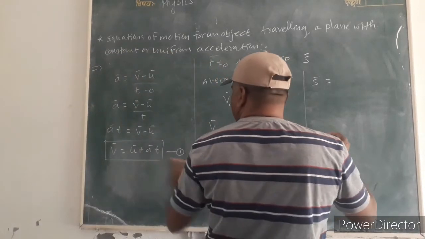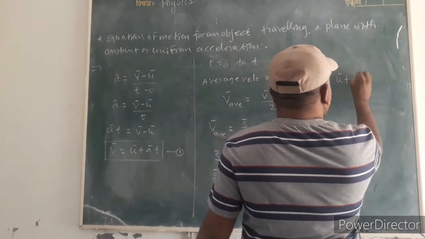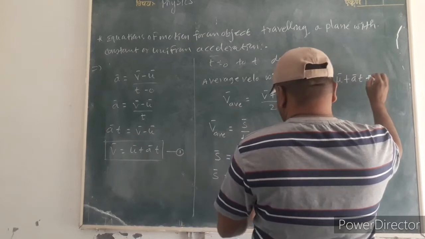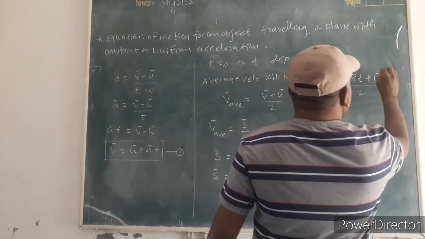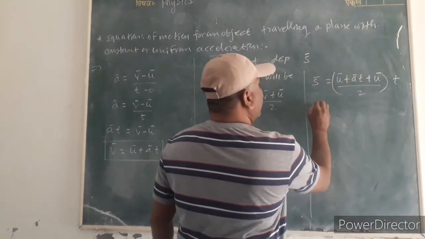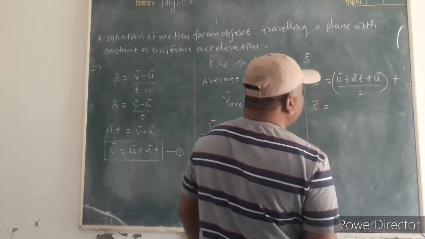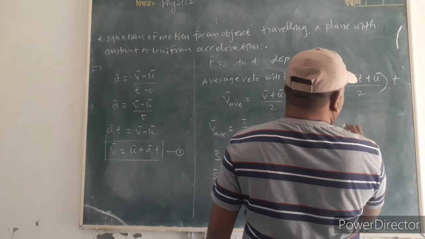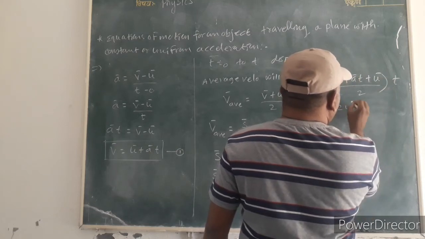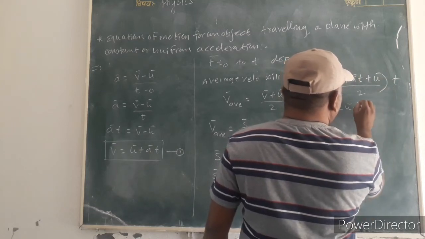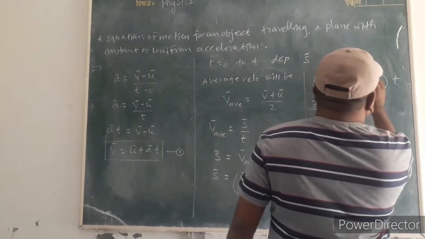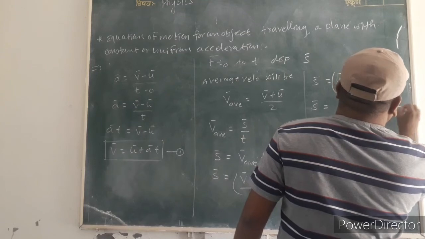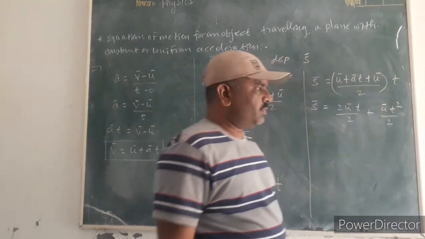Therefore, s bar is equal to u bar plus a bar t plus u bar upon 2 into t. Therefore, s bar is equal to 2 u bar into t upon 2 plus a bar t square upon 2.